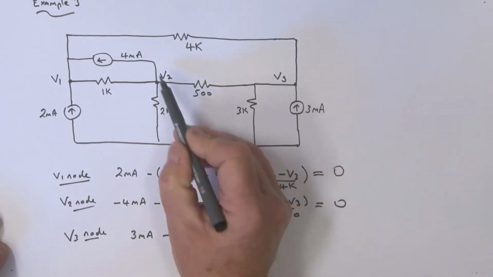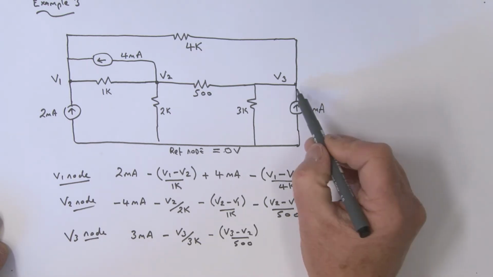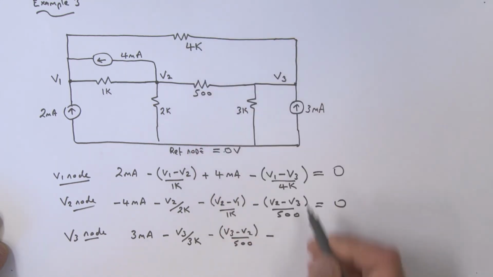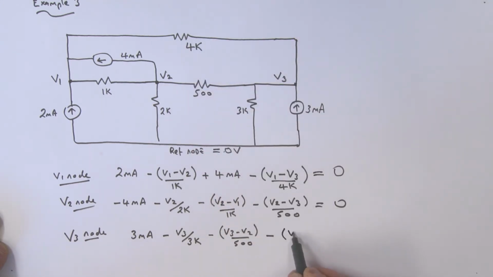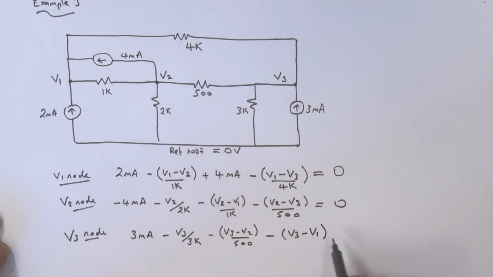This would be V3 minus V2, right, divided by 500. And then also this current here, which is a minus going in this direction, would be V3 minus the voltage on the other side, which is of course V1, and that's divided by that 4K, and all of that really is equal to 0.